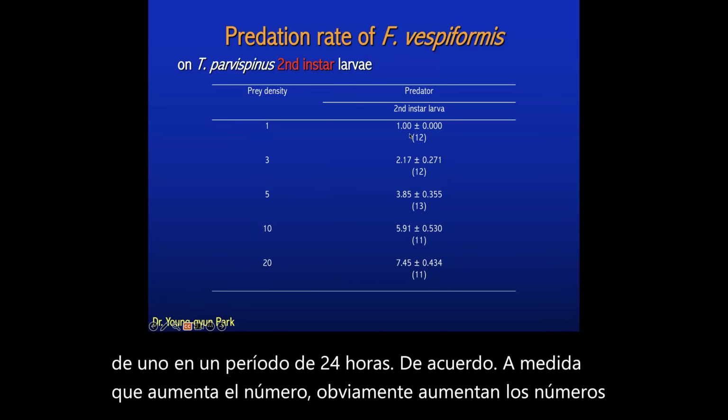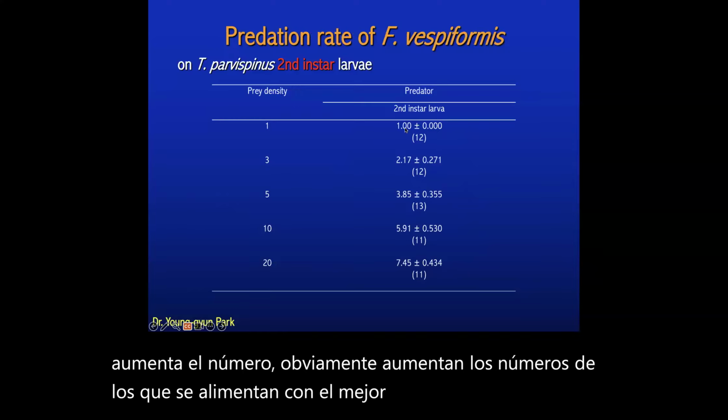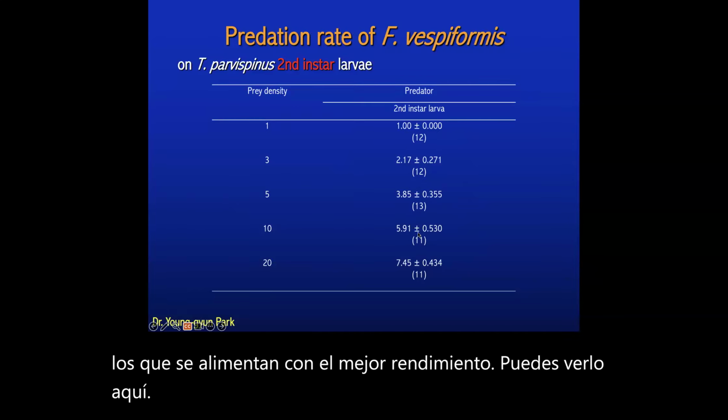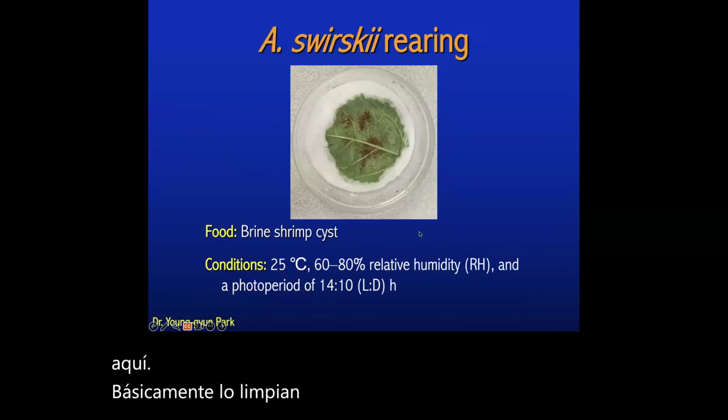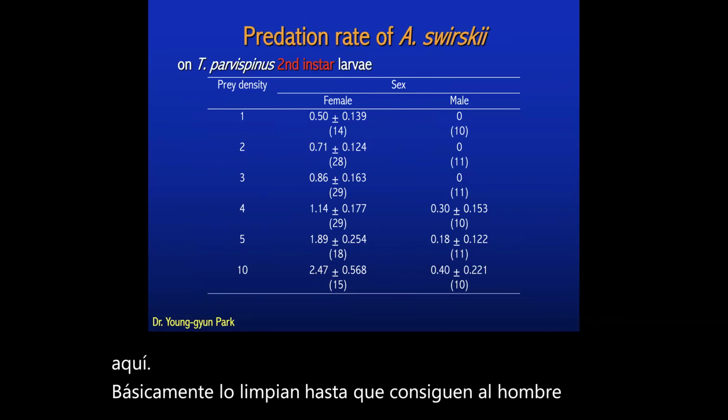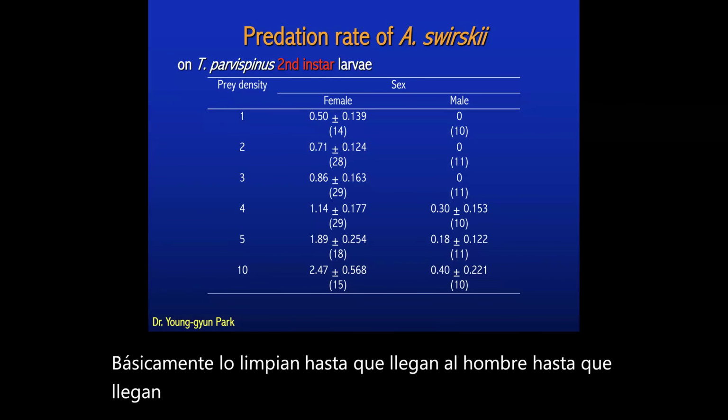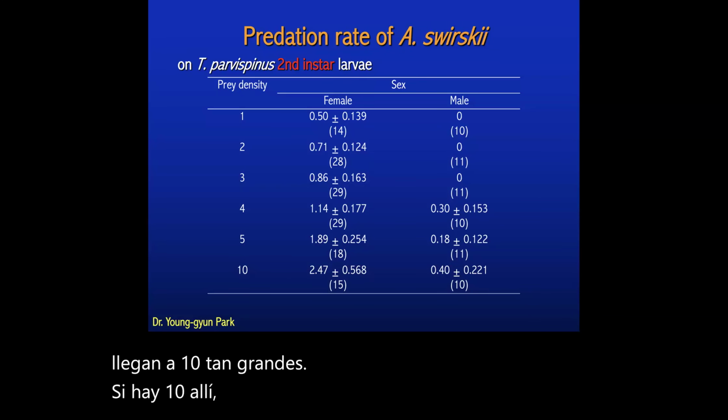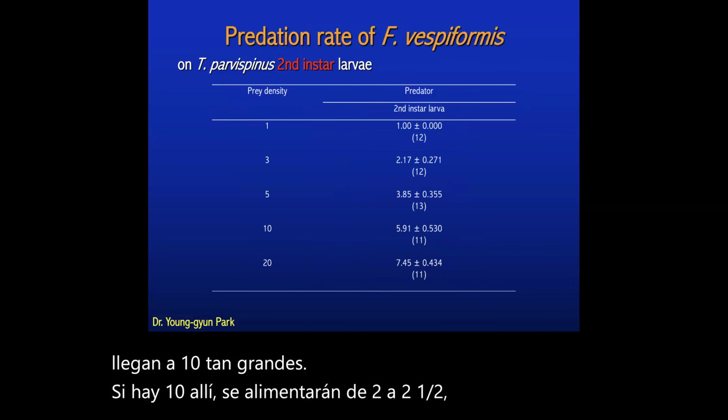With Vesperformis, you can see here they basically clean it up until they get to such large numbers. If there's 10 in there, they'll feed on 2 to 2.5, whereas with the Franklinothrix, they'll feed on about 7.